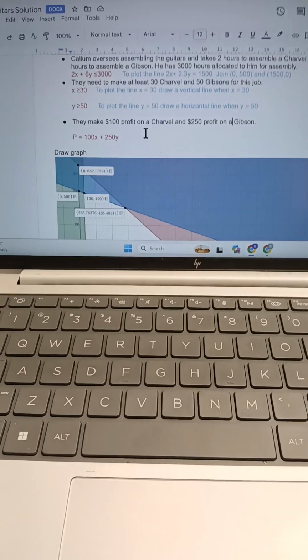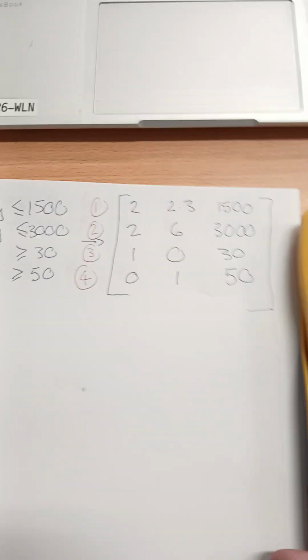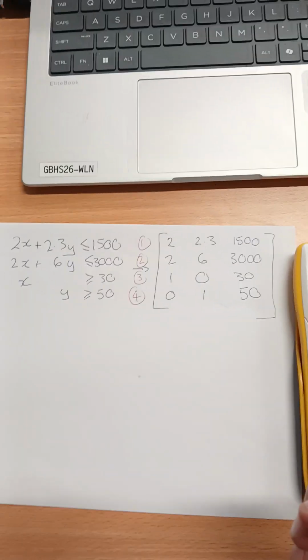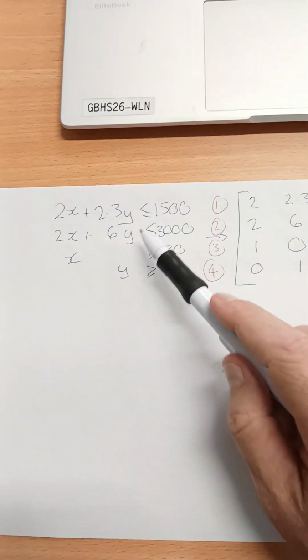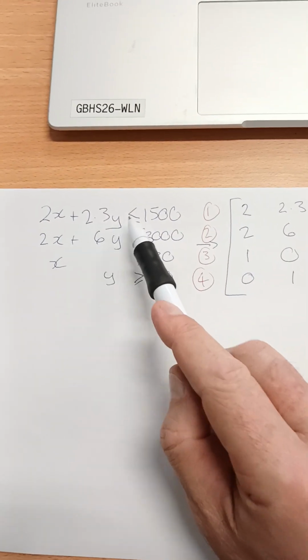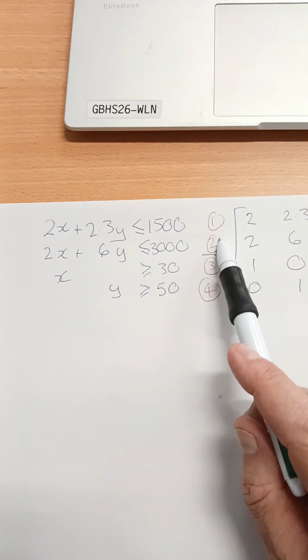I just want to quickly talk, for those who haven't seen it, on how to use the calculator to do all of this. So scroll back a little bit and we see that we have the equations written out here. 2x plus 2.3y is less than 1500, and so on all the way down.